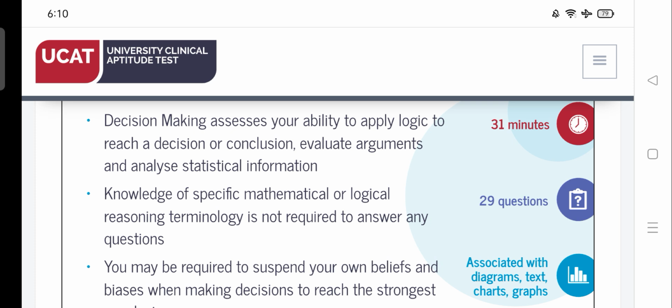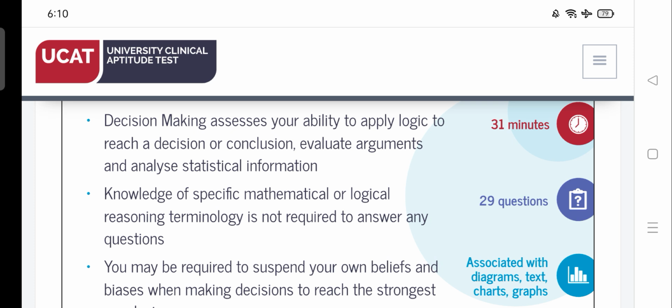In that, they will assess your ability: how and which logic you will apply to deduce your conclusion from the arguments, from the information that will be presented to you. How you're going to arrive at the best suitable result. This ability of yours will be assessed in that subtest portion.